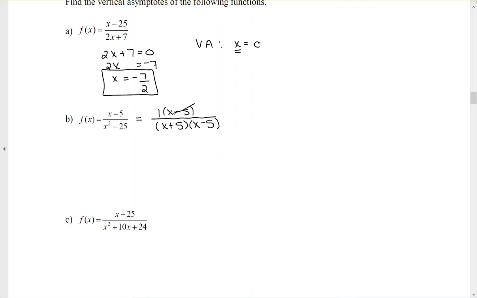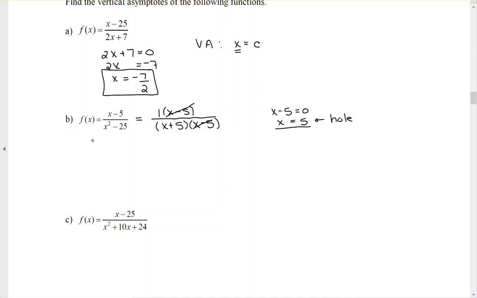Notice the x minus 5s can cancel. They're the same factor. So where I have x minus 5 canceling, this is where I have a hole at x equals 5. It's not going to be part of my vertical asymptote.